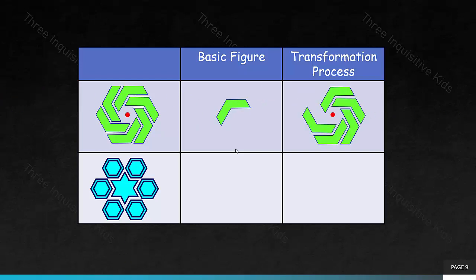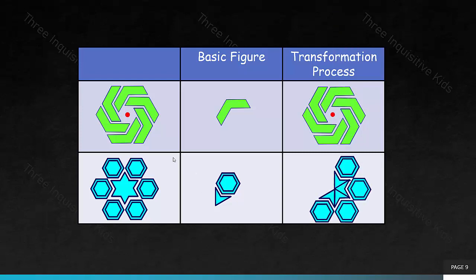As you can see, there's one red dot in the middle, which is the point around which this green figure is rotating. The basic figure for this last picture is this, and its transformation process is also a rotation. Remember, this is rotational symmetry. We haven't really talked about it yet, but we will talk about it later on in 8th grade.